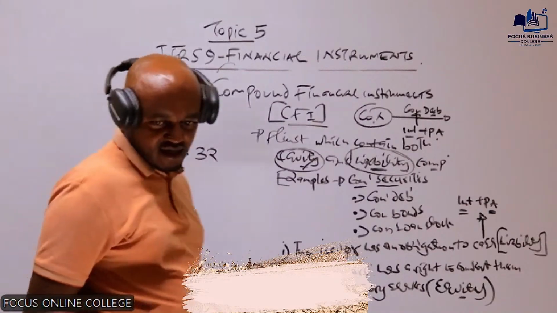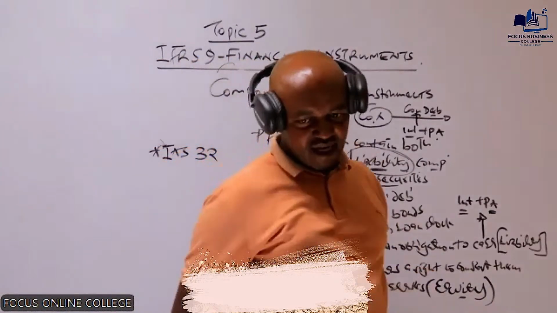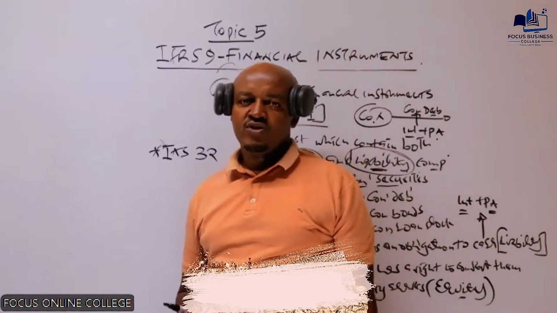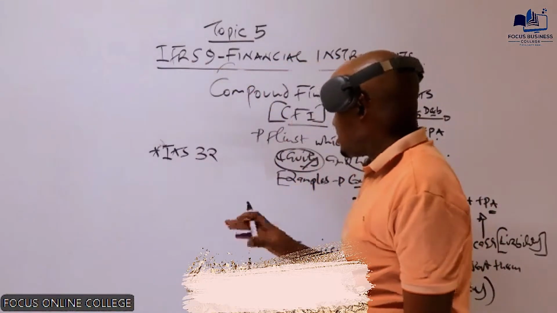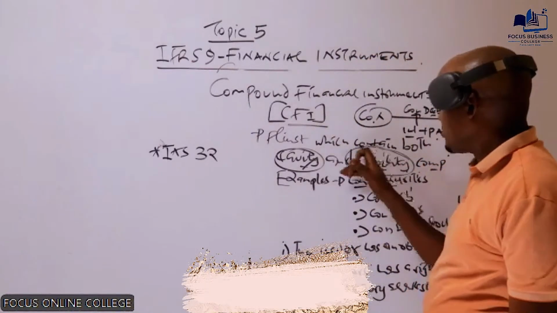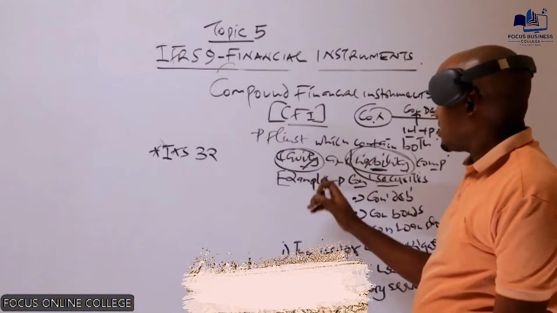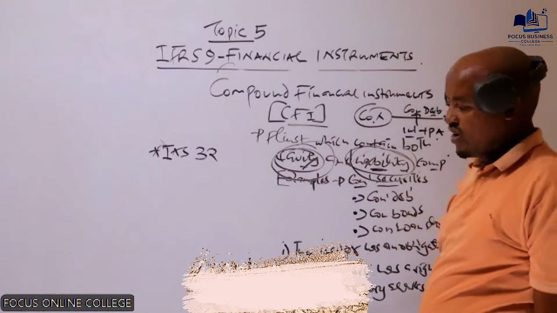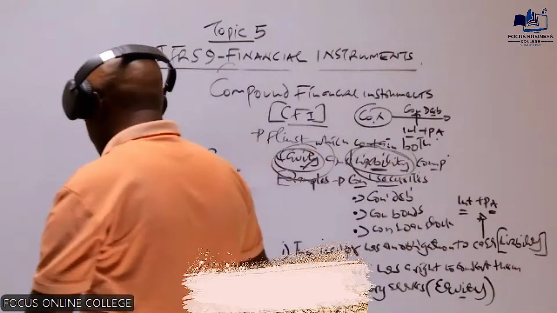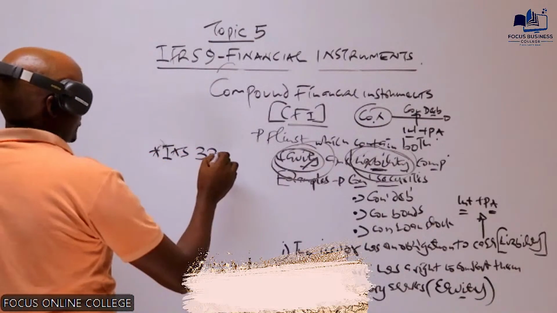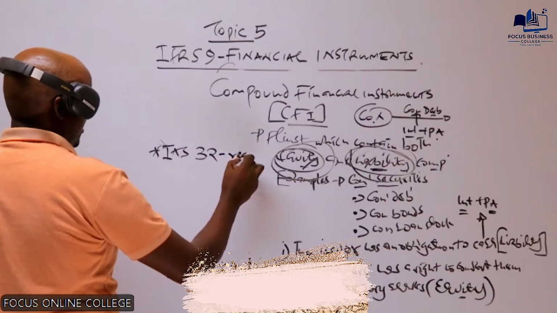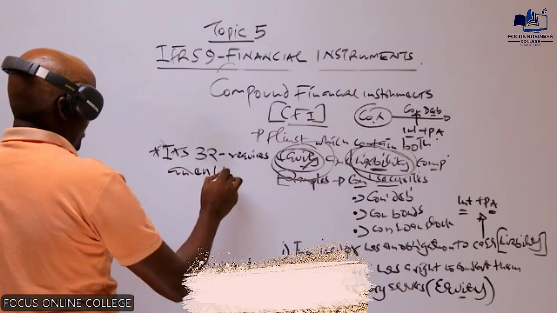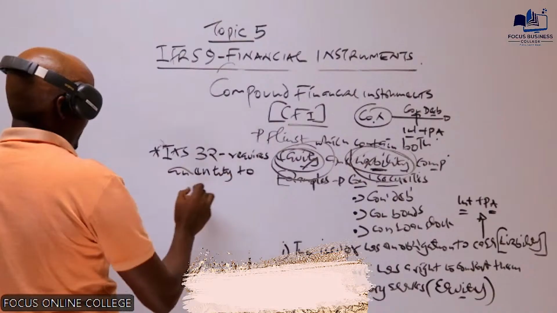This standard, IAS 32, requires that anytime a company has issued a compound financial instrument, the company should split the equity component and the liability component and account for them separately. So this standard, IAS 32, requires an entity to split.